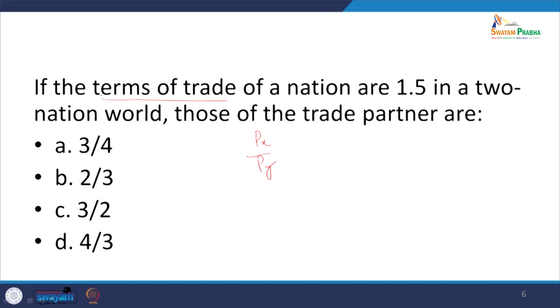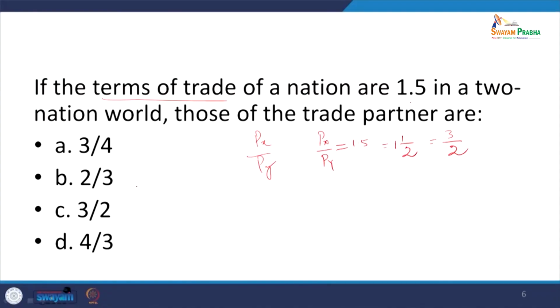If the terms of trade of a nation are 1.5, Px by Py equal to 1.5, which means 3 by 2. So the relative price of exports is higher than that of imports. It is 3 as against 2. Exports are higher as compared to imports.